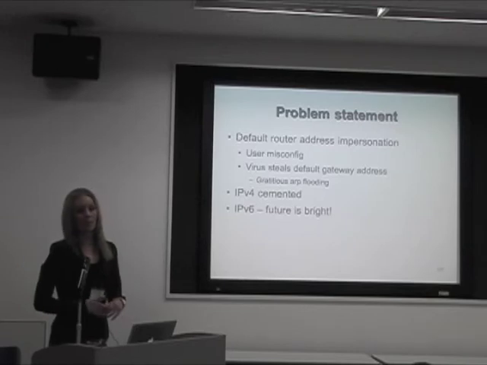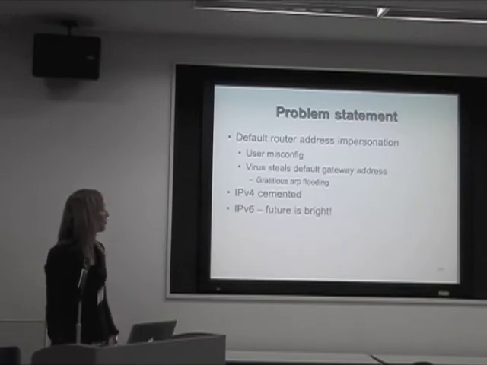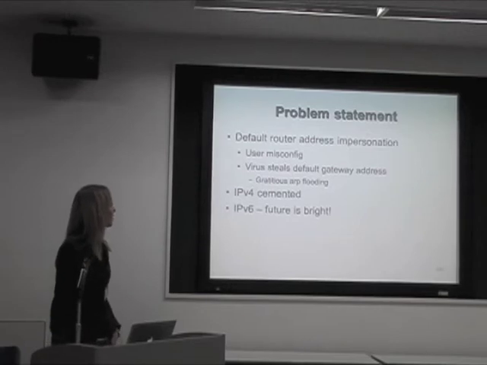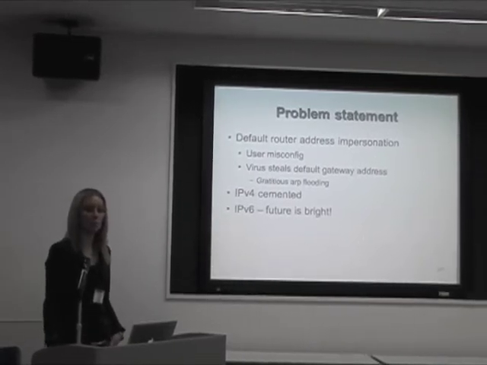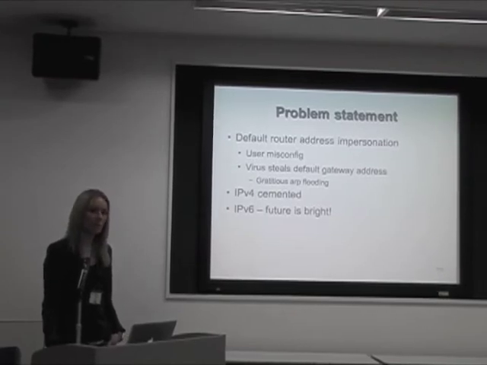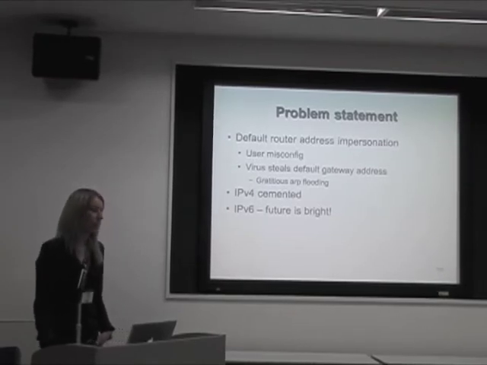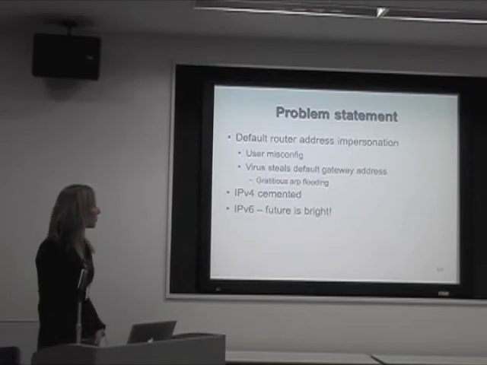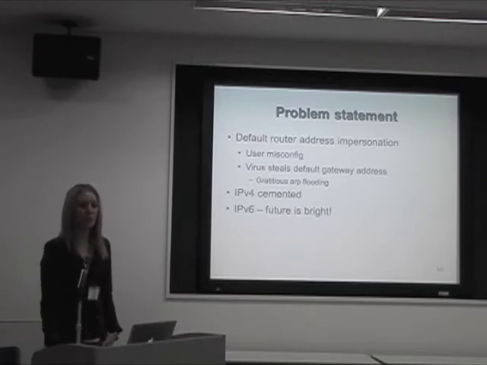Okay, before going into details about the protocol, I have a slide that is describing the problem statement for all of you who are maybe not familiar so much with IPv6. So I'll try to give the example of the problem that's happening with IPv4 that I'm sure you all faced.